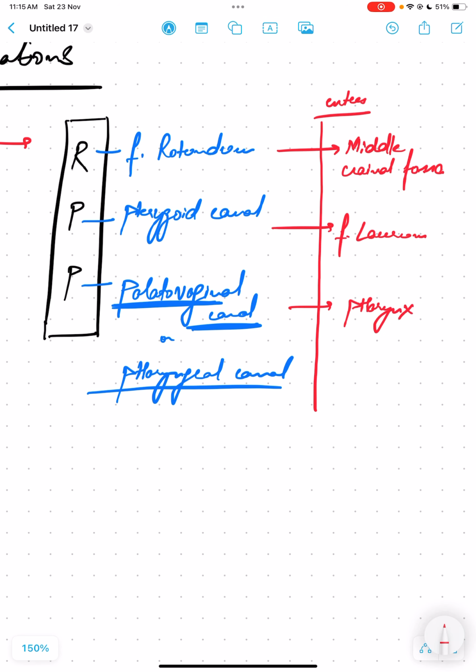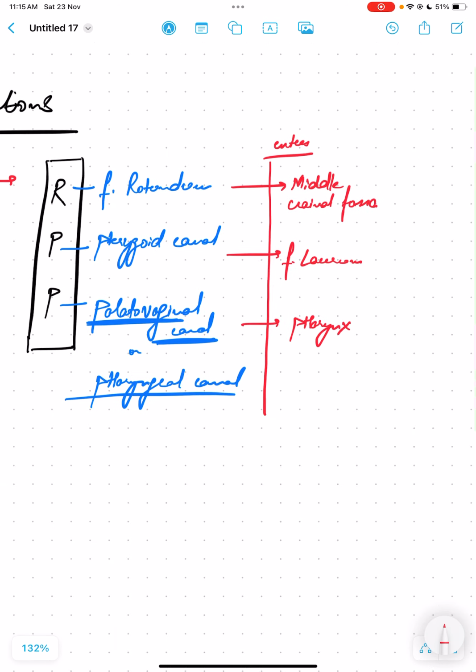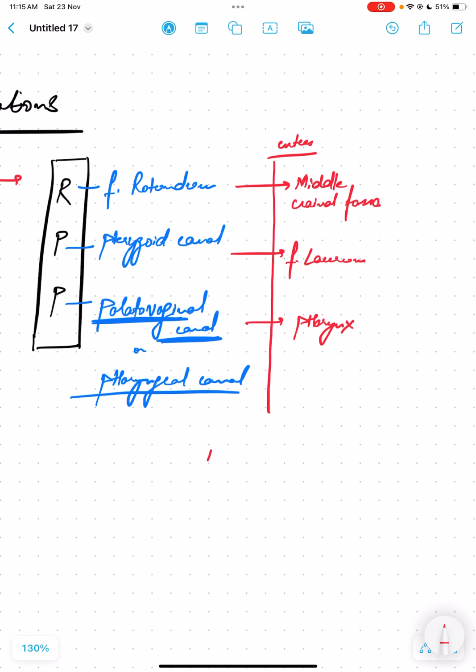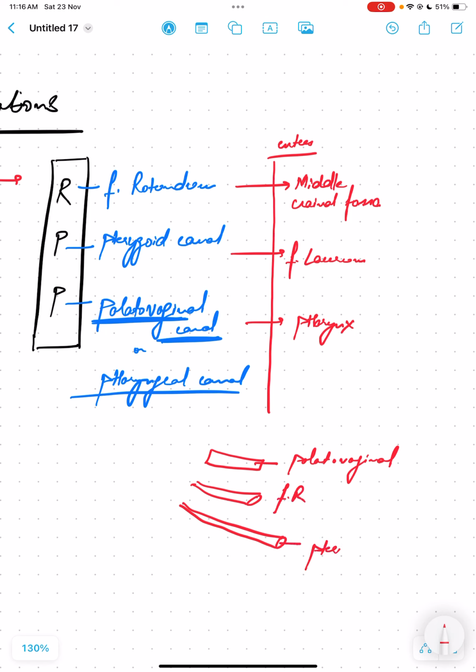I'm making a rough diagram. First of all, there will be the palatovaginal canal, then there will be the foramen rotundum, and then there will be the pterygoid canal.